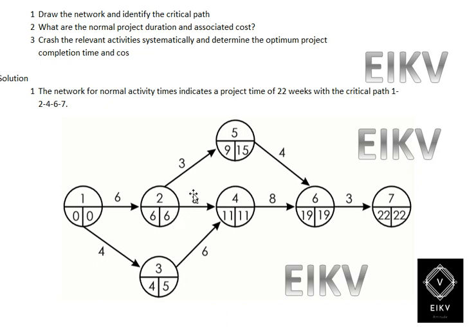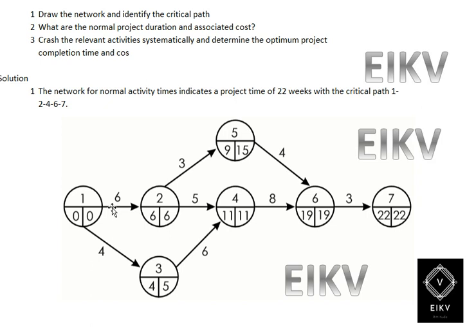Yes. Then here we have 15. 15 minus 3 is 12, but here we have the lesser value, that is 11 minus 5 will be 6, and 6 minus 6 will give you 0, or 5 minus 4 will give you 1. So whichever is lesser should be taken for latest finish time. So it should be taken as 0.